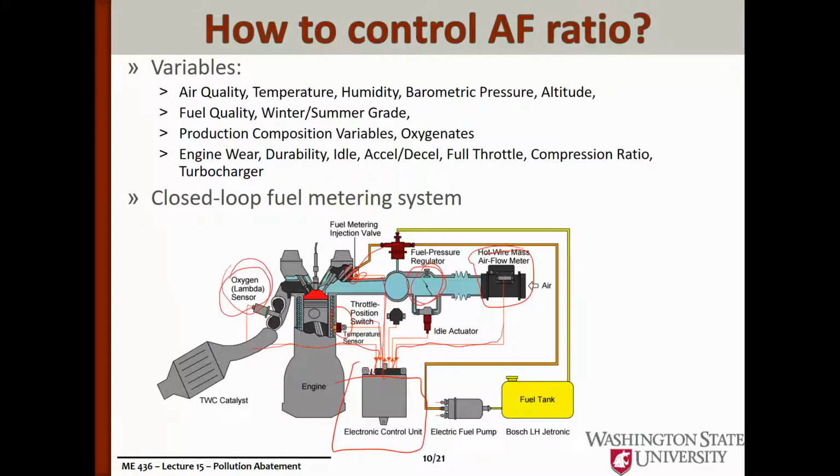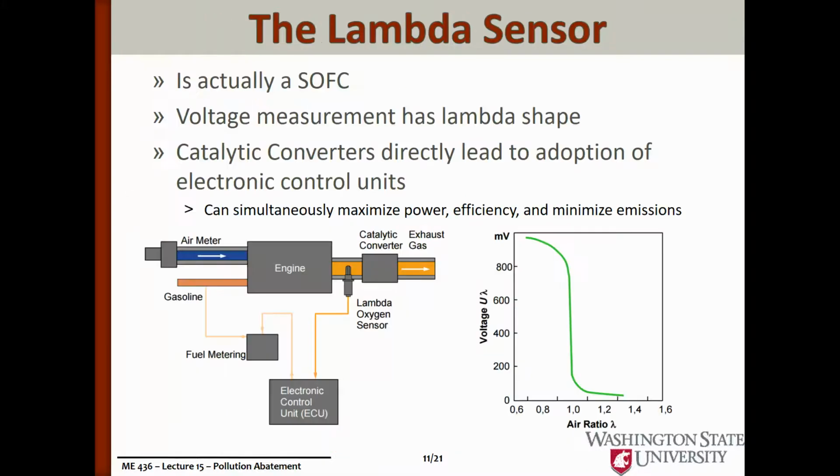So I mentioned this oxygen sensor I showed you that's measuring the oxygen in the products. What exactly is that? Well, it's actually a solid oxide fuel cell, which is the technology I do my research on. And a solid oxide fuel cell is a pretty interesting device.